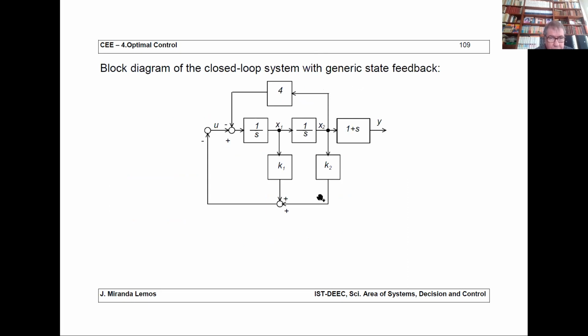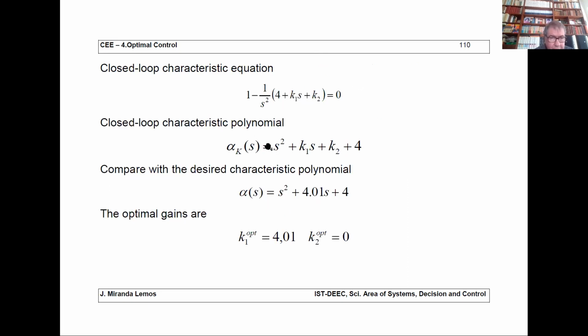Again, I'll let you do that. And then I compare with my desired characteristic polynomial. And immediately I get K1 equals 4.01 and K2 plus 4 equals 4. So K1 optimal is 4.01 and K2 is 0. Any question?